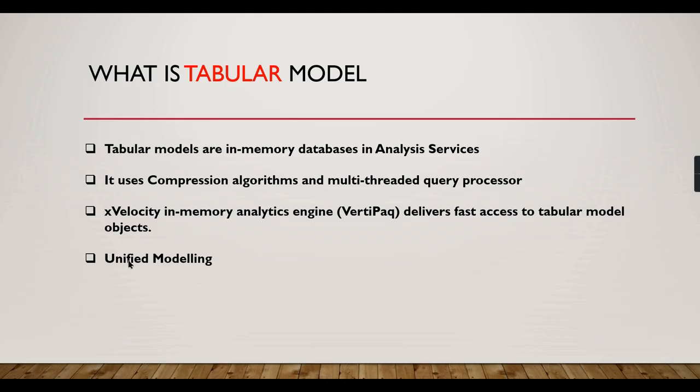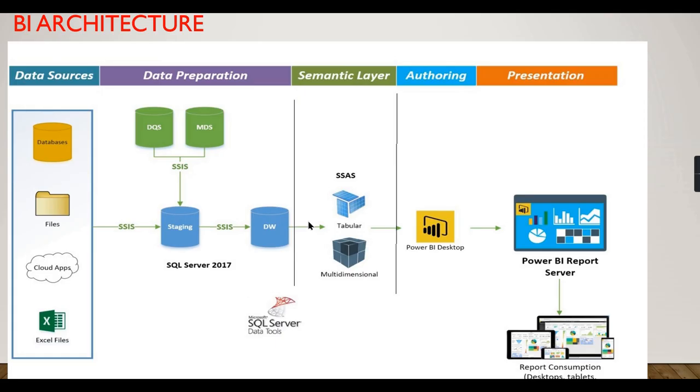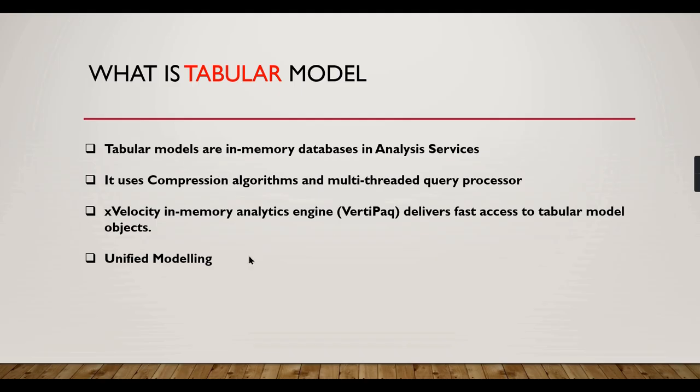Then, having a model segregated from reporting, Power BI, in the layers, like a unified model. You can model it here, so people from any other functional area can consume it. No need to model separately for individual departments or something like that. So it is one single place where all your models reside. From there you can consume it. So the unified model is also another reason you need to go for a tabular model.